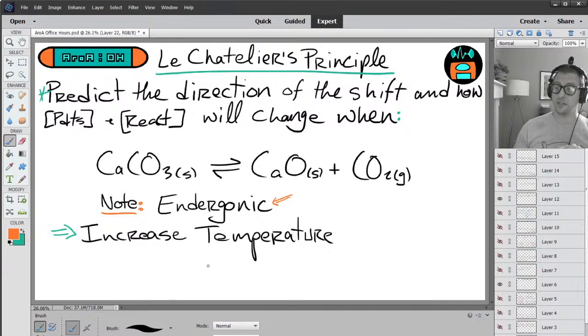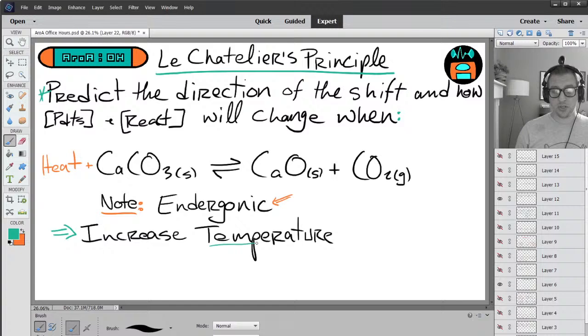An endergonic reaction is one where energy is absorbed during the process, right? Exergonic is where energy is released. When energy is released, energy can be considered a product of the reaction. When energy is absorbed, as is the case with this endergonic reaction, energy or heat is considered a reactant.